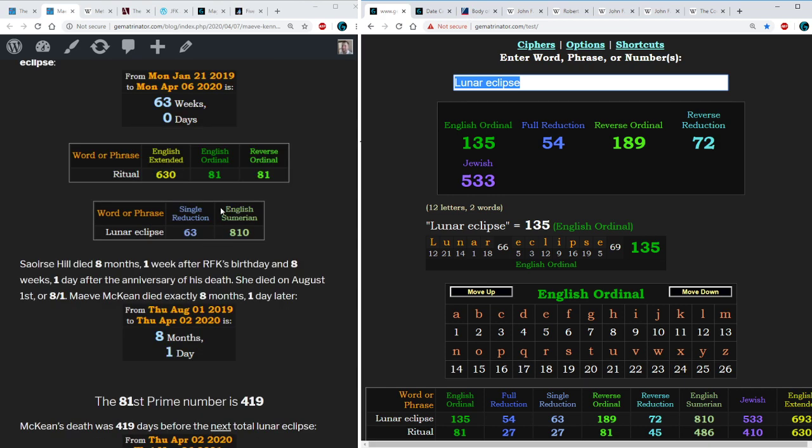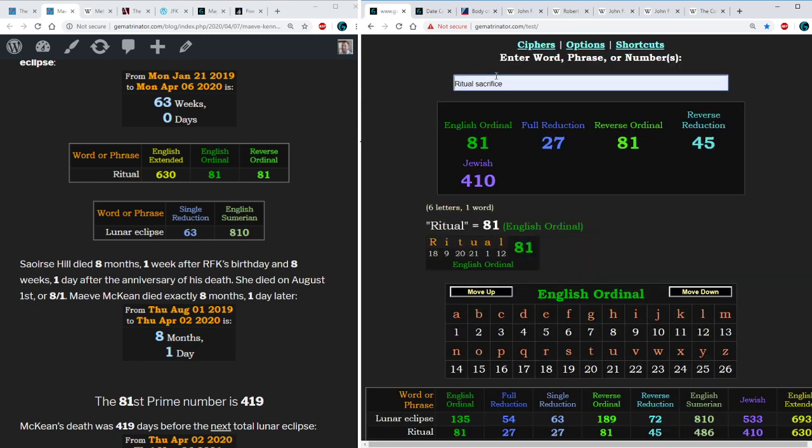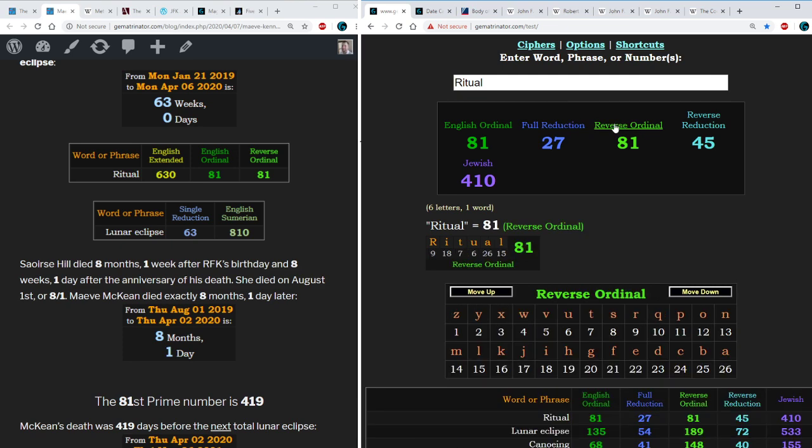Now, Saoirse Kennedy Hill died on the date 8/1, or August 1st of last year. And now her cousin, Maeve McKean, has died 8 months and 1 day later. Again, tying back into the gematria of ritual, 81.